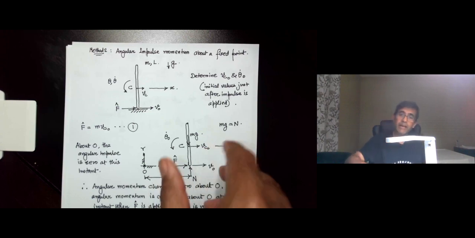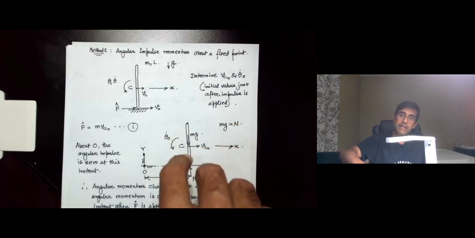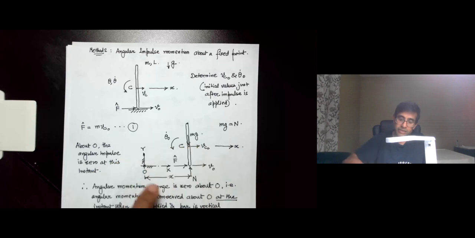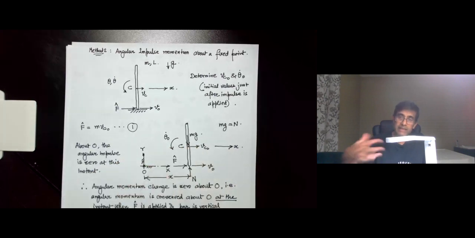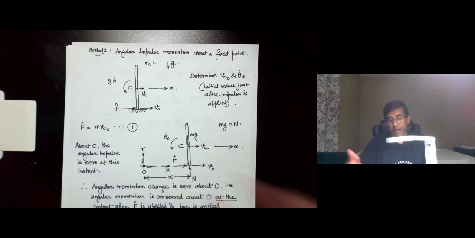Essentially, the angular momentum that was produced by the rotation is exactly equal to the angular momentum produced by the forward going force about this point O. And that is the conservation of angular momentum that is valid here. And from there, we are able to find out the values of the initial angular velocity and the initial velocity of the center of mass.